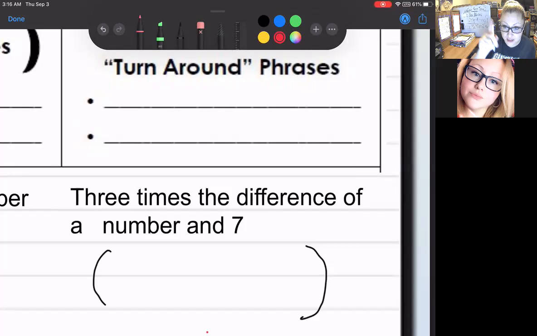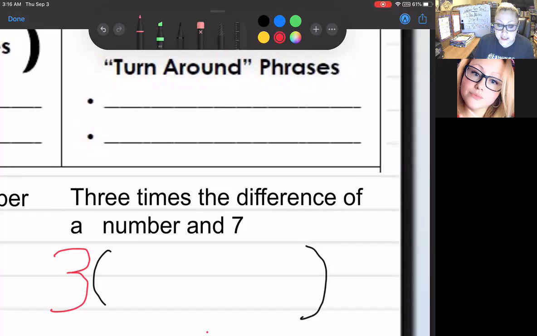So that means 3 times parentheses. So 3 is going to be on the outside. Now we're going to talk about distribution. But when a number is touching parentheses, remember I told you parentheses mean multiplication. So 3 times the difference of a number and 7.